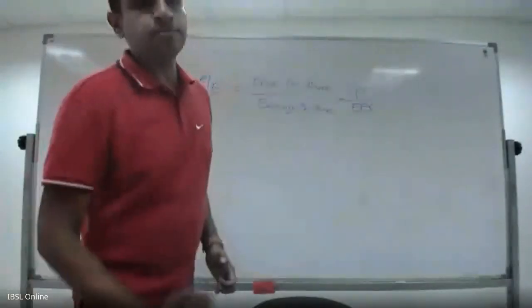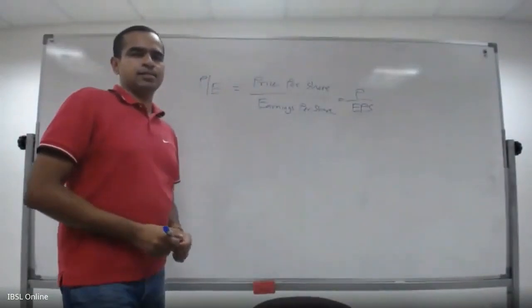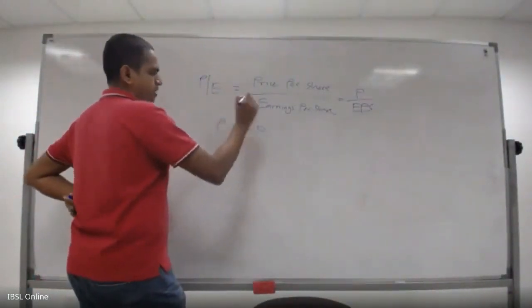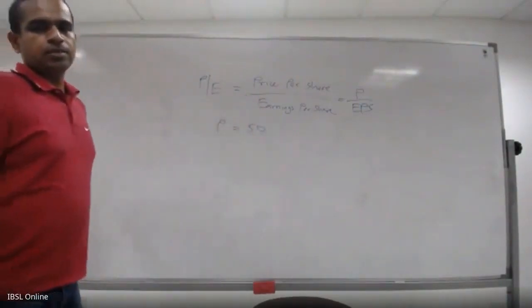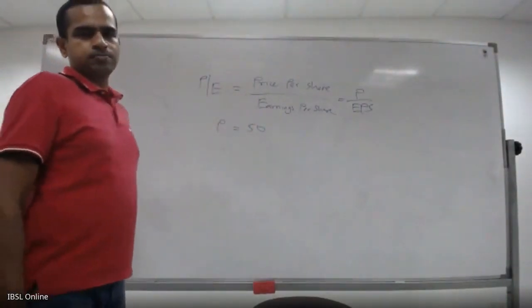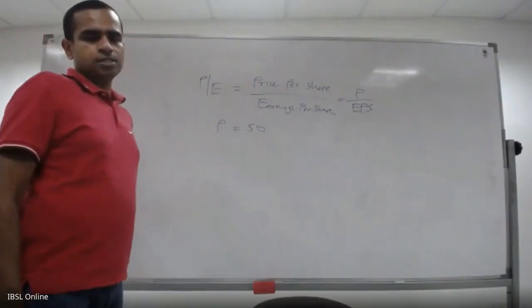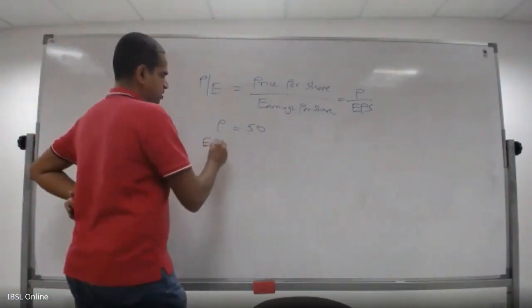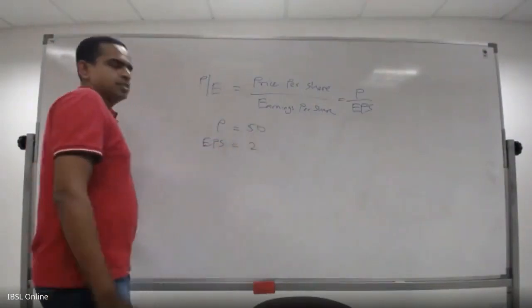So going back to the question, MK Technology shares are selling at $50 per share. The price is 50. They were bought for $40. Earnings for the last 12 months, $2 per share. Earnings per share is 2. Price is 50.